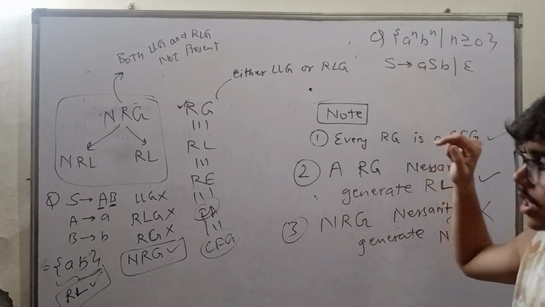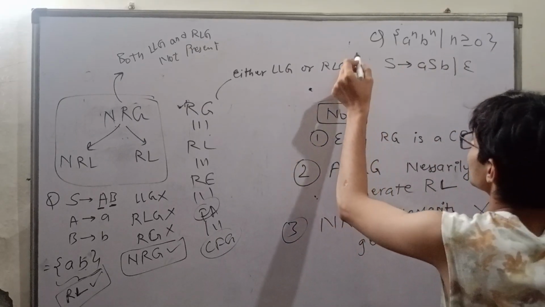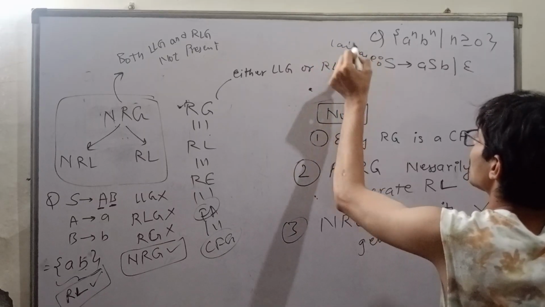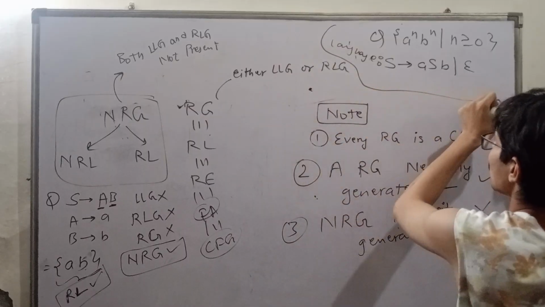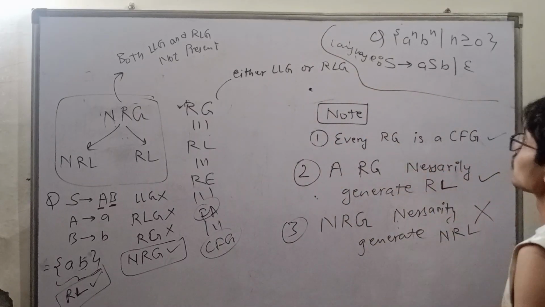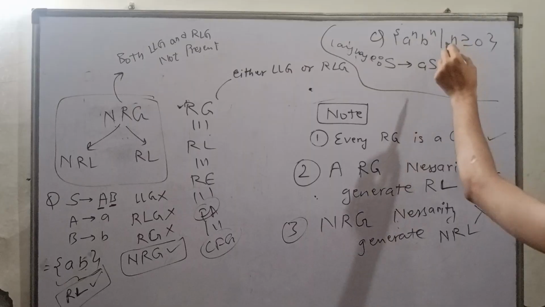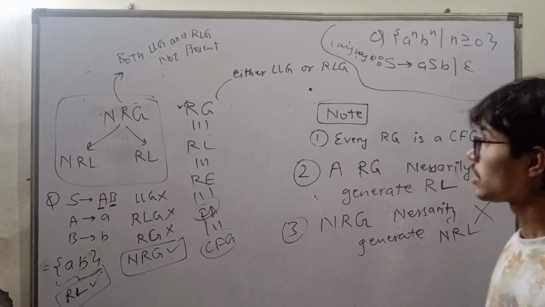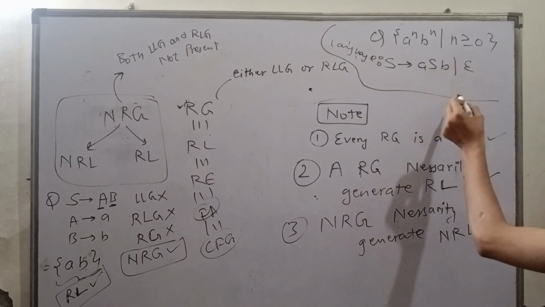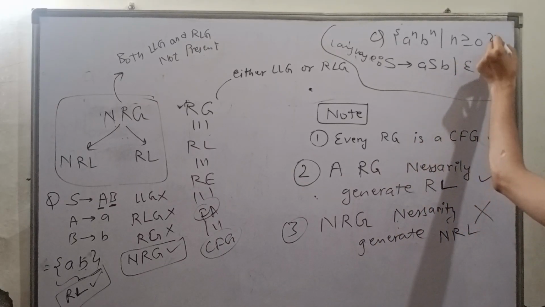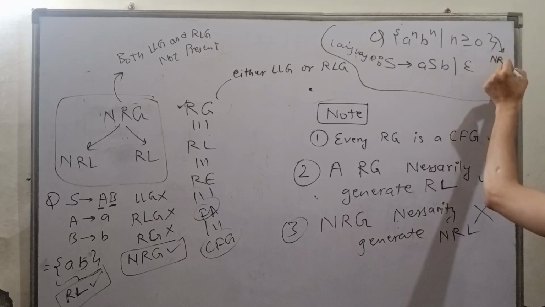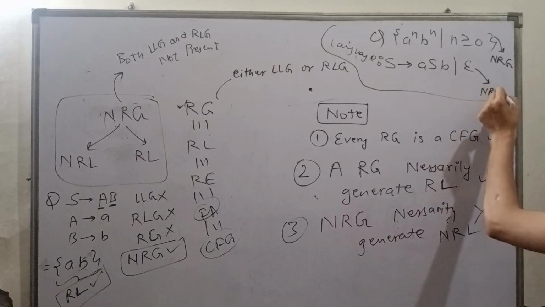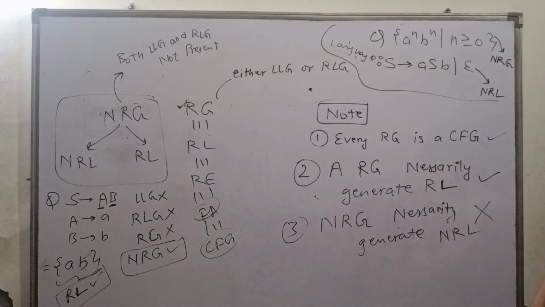So this is a language, and this is a grammar. This is a non-regular grammar, and this is its language, which is not regular. This is a non-regular grammar, and this is also a non-regular language.